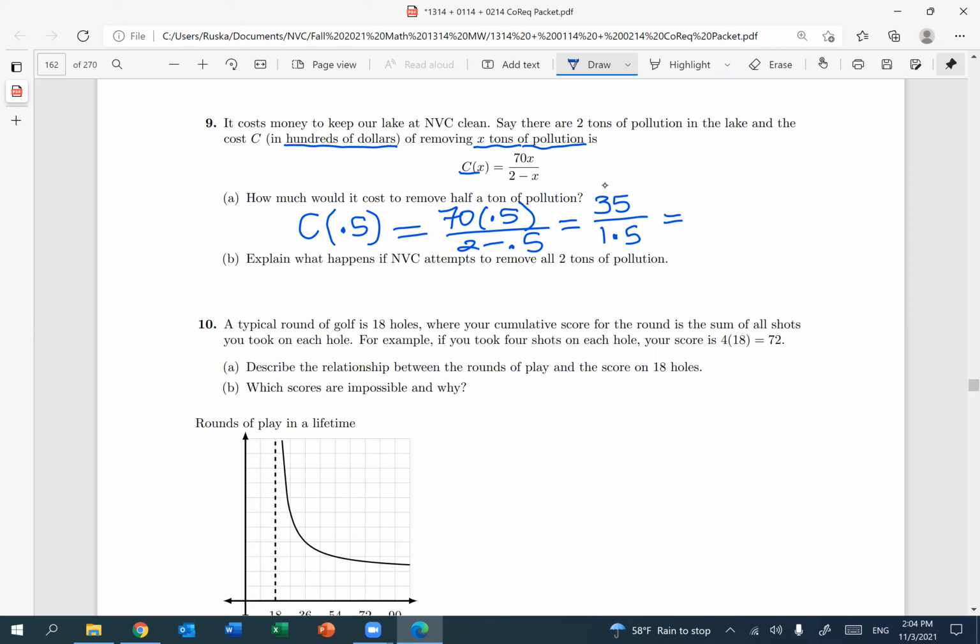So 35 divided by 1.5 is 23.333. The function is in hundreds of dollars, so that's $23.33 hundred.